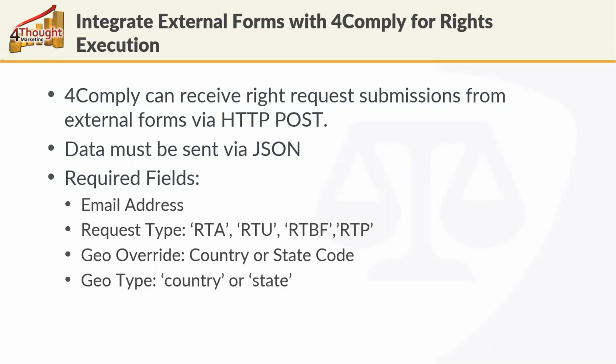The required fields will be just the email address of the person and the request type, again, whether it's the right to access, right to update, right to be forgotten, or right to portability. And important also is to specify the geolocation of the person, because that defines what regulation is to be applied.